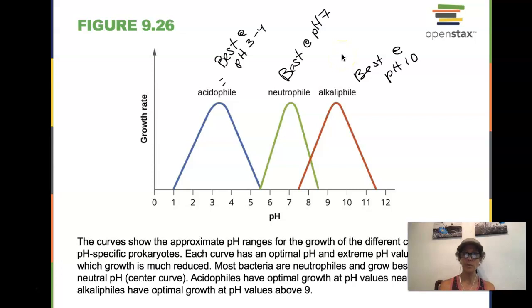Enzymes are proteins. Proteins depend on hydrogen bonds in their secondary, tertiary, and quaternary folding. So if we disrupt the amount of hydrogen ions present, we disrupt the hydrogen bonding in the enzymes, and that is why the growth range is really narrow. Any changes in those hydrogen ion concentrations will affect the active sites of enzymes.